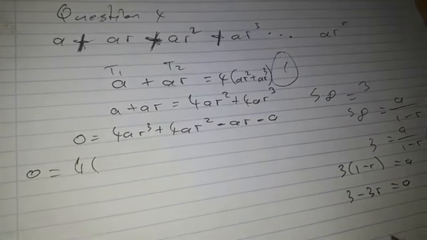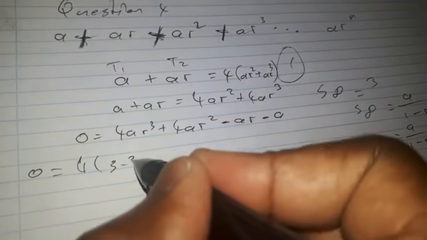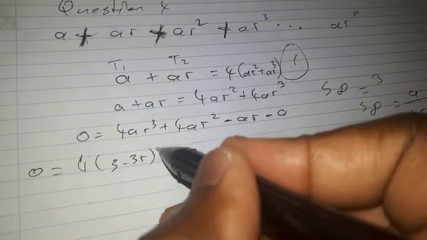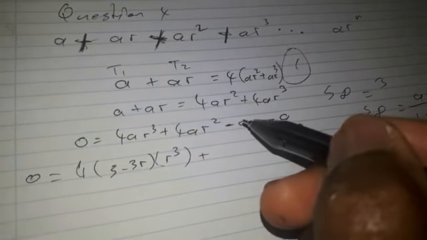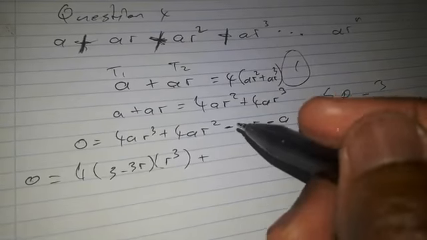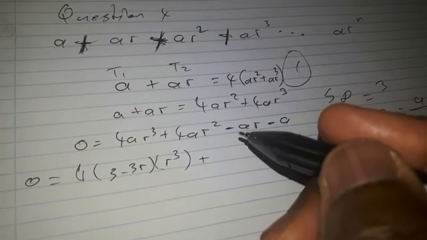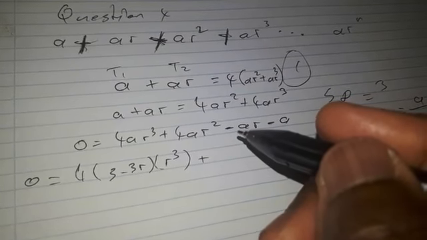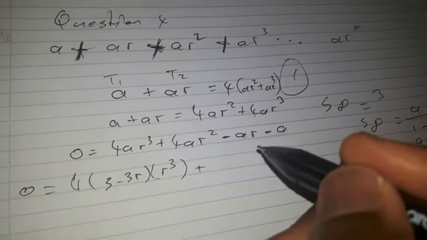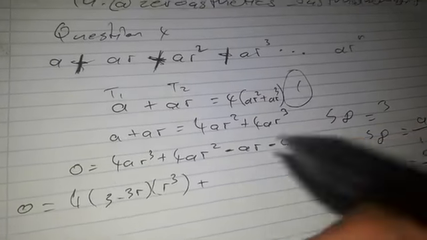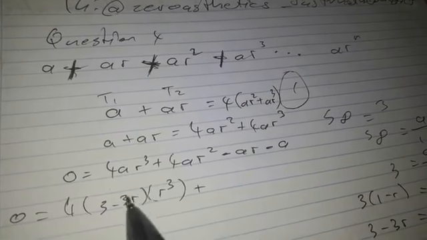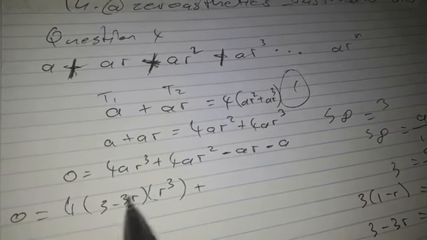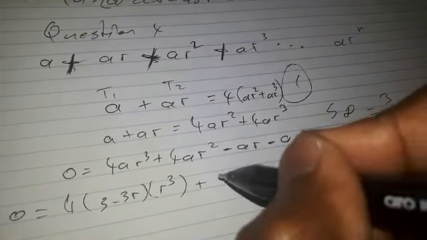So 4, and then we throw in here 3 minus 3r, and then here we have r cubed plus the next one. Let's just carry on. So we threw a there, and then here we need to throw a in there again.